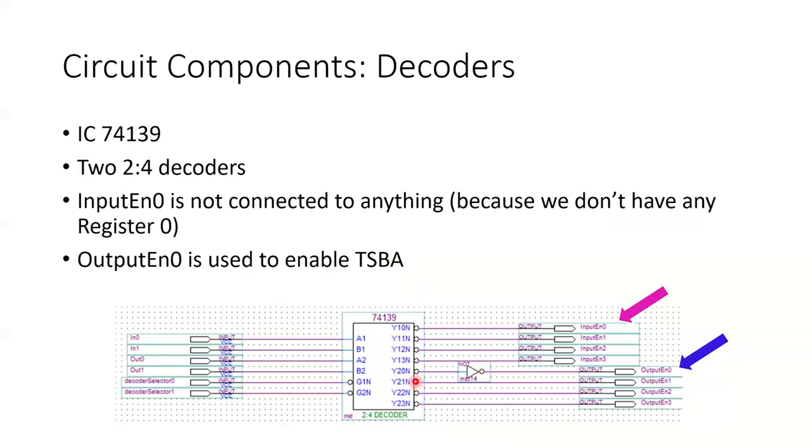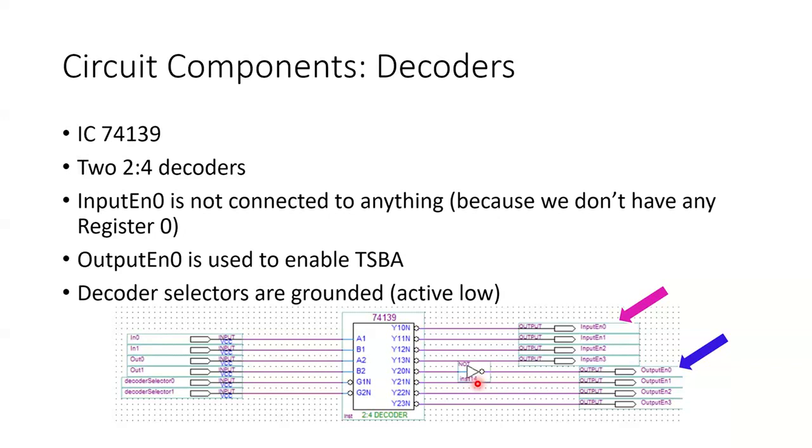If you are seeing here, all the outputs of the IC are bubbled, which means they are active low. But our TSBA is active high. So we add a NOT gate here so that our TSBA is on when the input to the TSBA enable is 1. So that's a normal high logic, right?